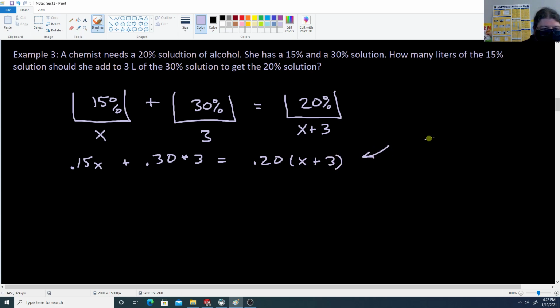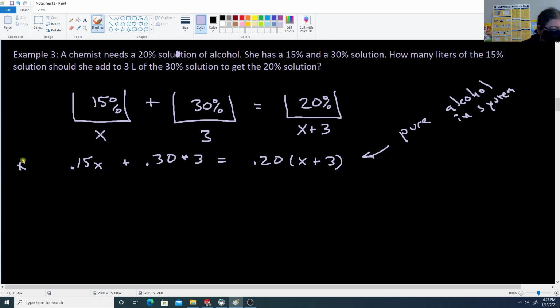So what we're doing is we're finding the amount of pure alcohol in the system.